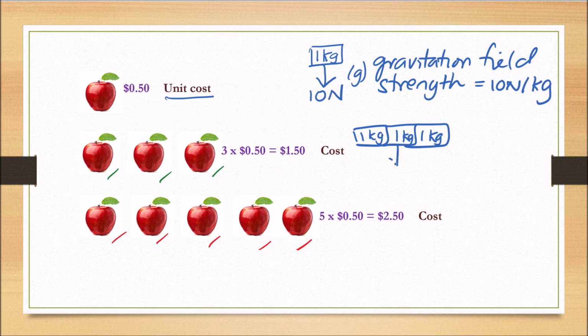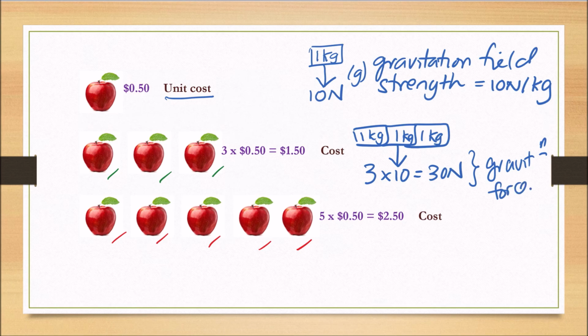Because every kilogram, the Earth will pull down with 10 newtons. So when you have 3 kilograms, you will know that the gravitational force will be 30 newtons. So this is now called the gravitational force, not gravitational field strength. Gravitational field strength refers to 1 kilogram only, just like unit cost refers to 1 apple only.